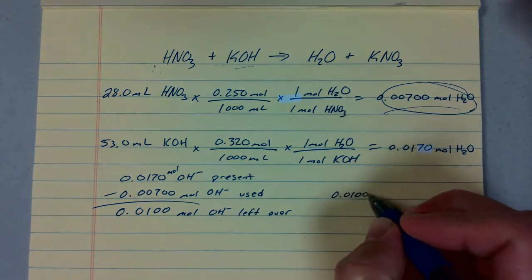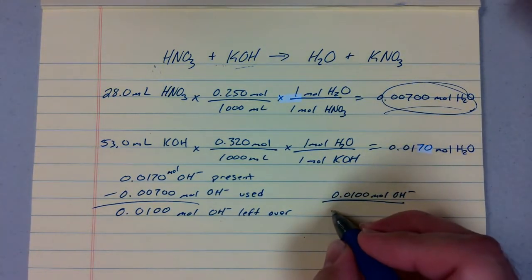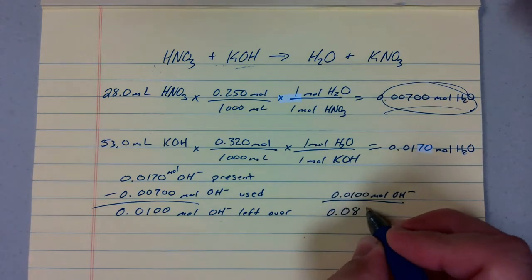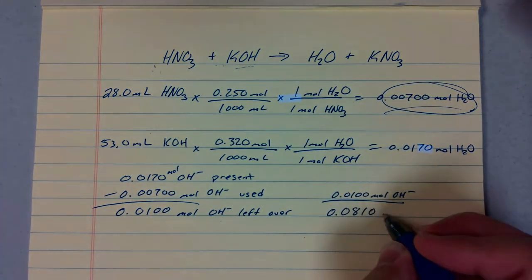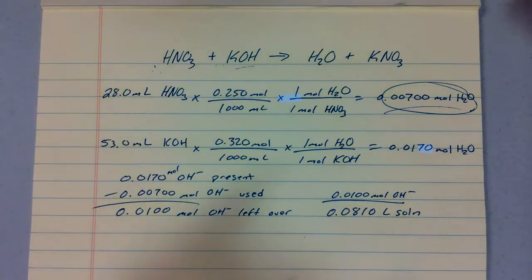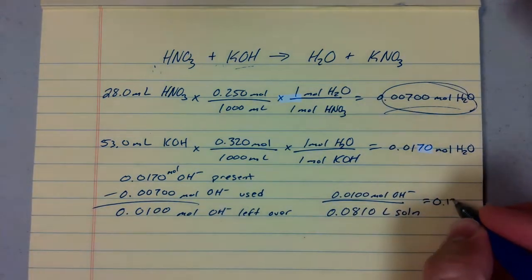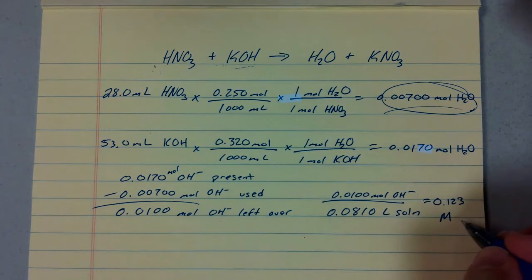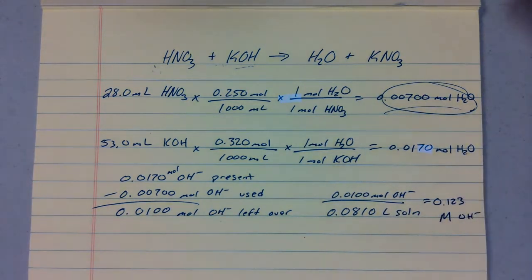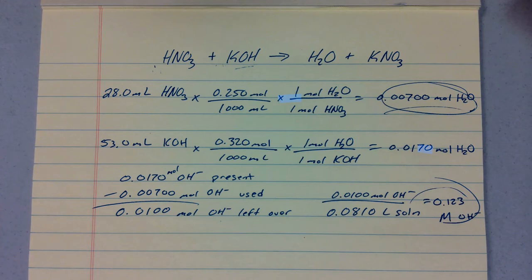So 0.0100 moles of OH minus for every 0.0810 liters of solution. I just added these two volumes together and converted to liters. So 0.01 divided by 0.0810 is going to give us 0.123 moles per liter of hydroxide, which is the final answer for the second question.